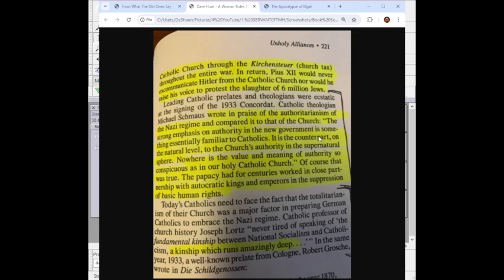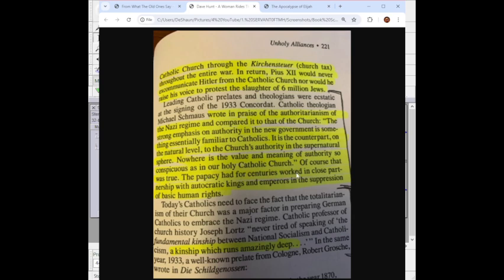It is the counterpart on the natural level to the Church's authority in the supernatural sphere. Nowhere is the value and meaning of authority so conspicuous as in our Holy Catholic Church." Of course, that was true.